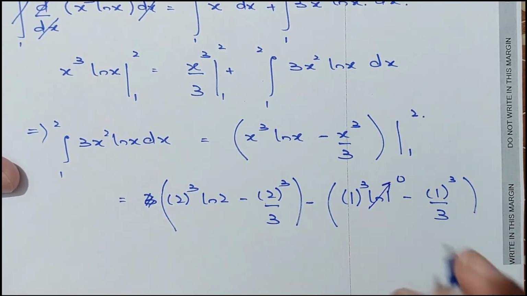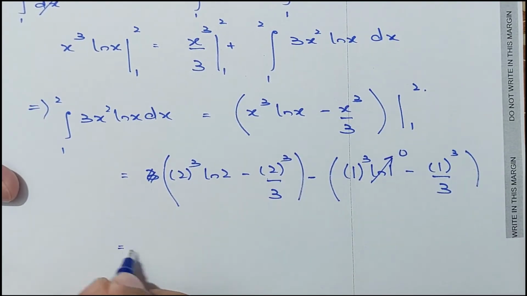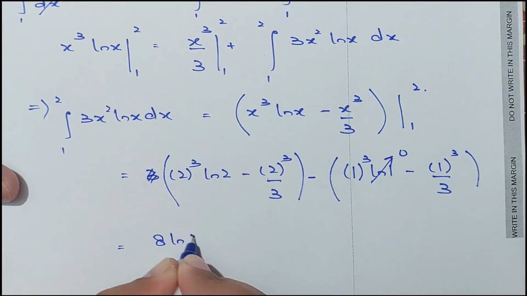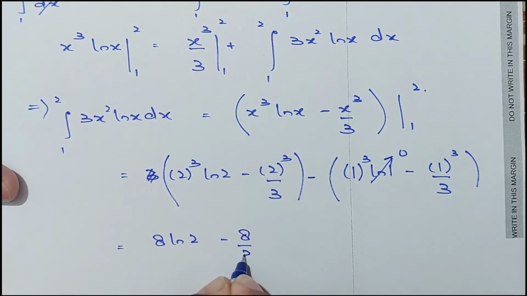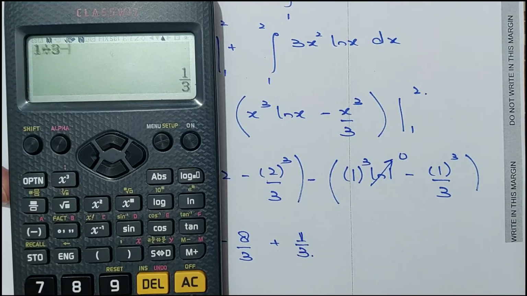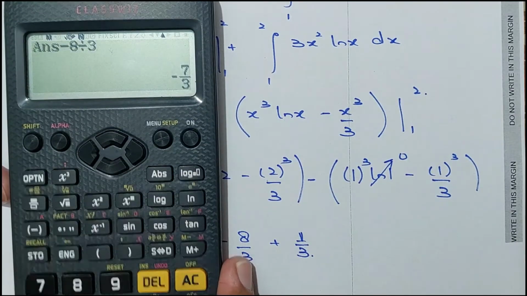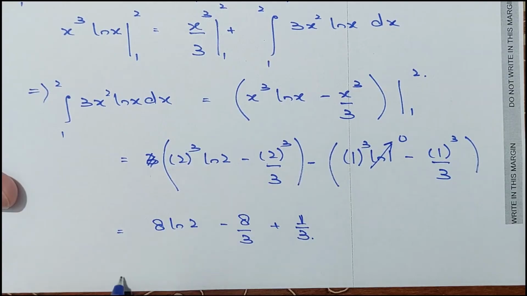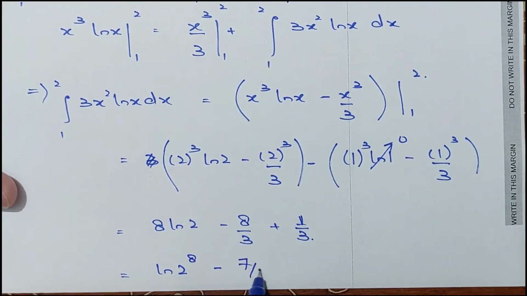This term is 0. So we can say this is 8 ln 2 minus 8 over 3. Negative times negative is positive 1 by 3. 1 by 3 minus 8 by 3 is minus 7 by 3, right? This would be ln 2 power 8 minus 7 by 3.